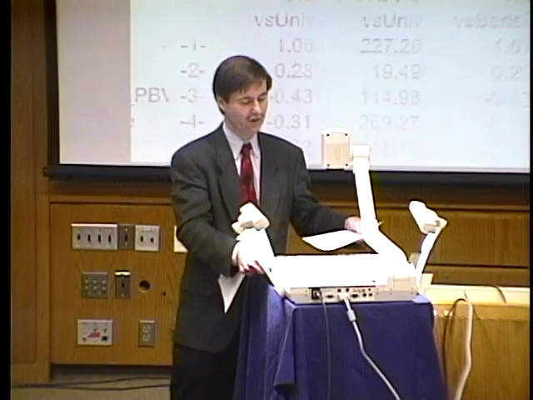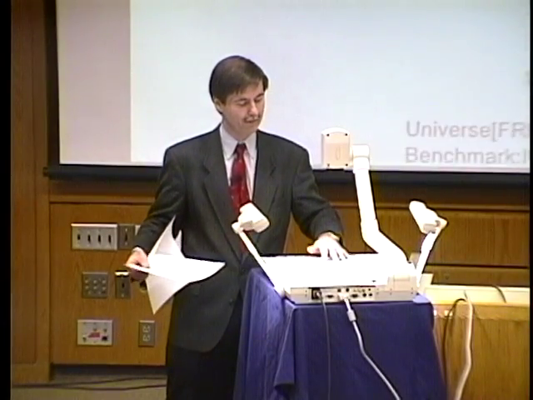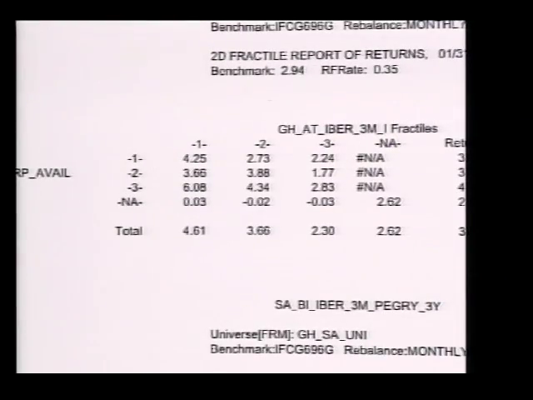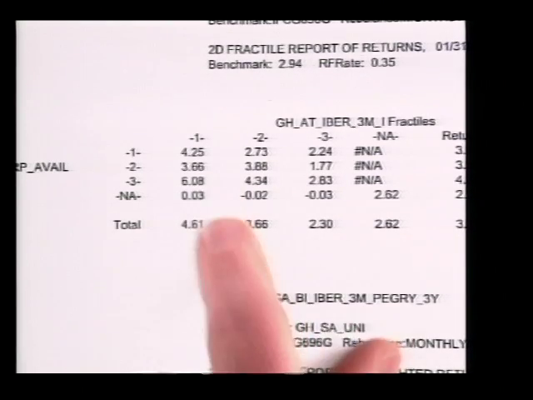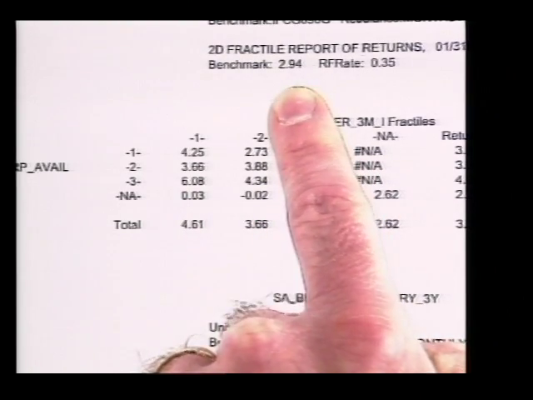Now, just to show you two other markets, this is South Africa, and this is basically prospective earnings growth with the IBES revision ratio. And again, you can see this is a bivariate sort, and the benchmark return here is 2.94.